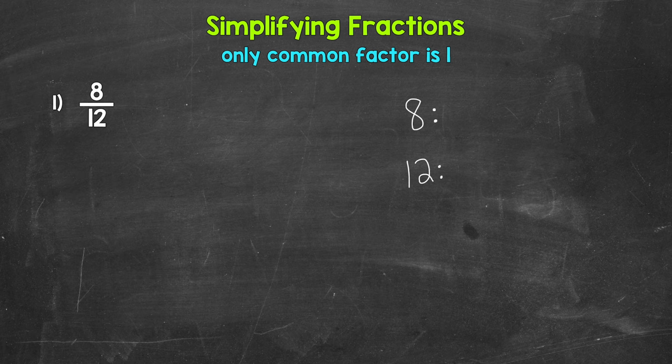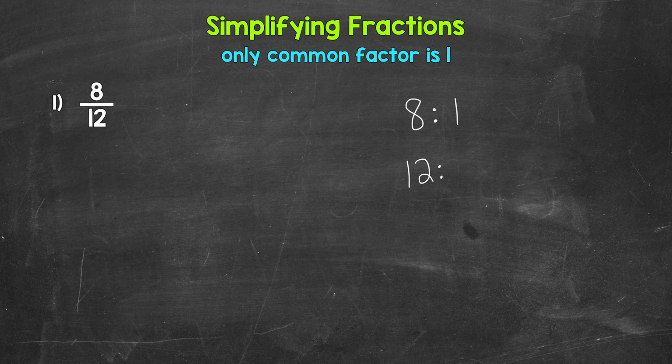Let's start with the factors of 8. And for factors, we need to think about all of the numbers that we can multiply together to equal 8. Or think all of the numbers we can divide 8 by without getting a remainder. We can also think of this as all of the numbers that go into 8, so to speak.